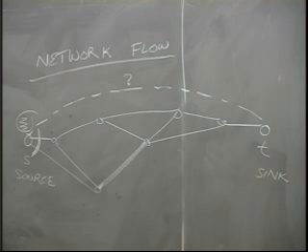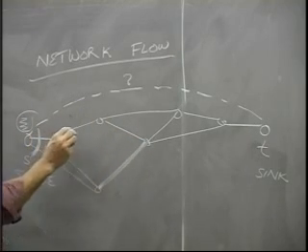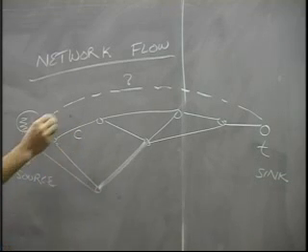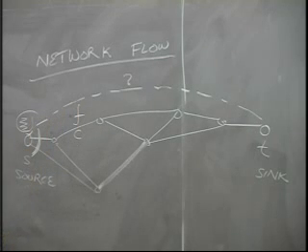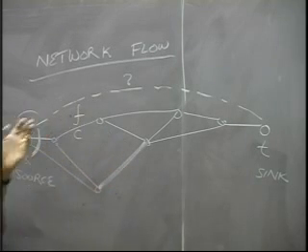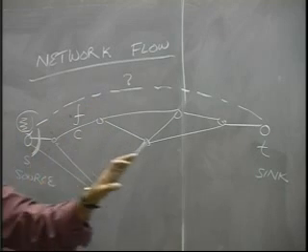It roughly models computer networks, or a road network, but at this stage we're just interested in a graph with some vertices and some edges, and each edge has a capacity C, and we want to assign some flow F to it, and you have to make sure that the flow does not exceed the capacity. Obviously, you can't do that, right? The capacity is a constraint, and so we want to know what flows we assign onto this whole graph so that you maximize the amount of flow between the source and the sink.